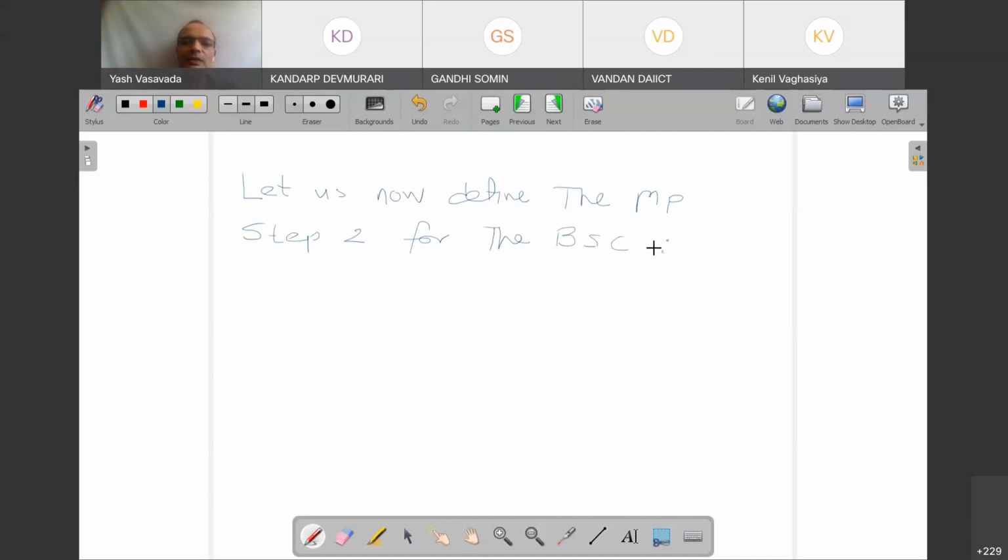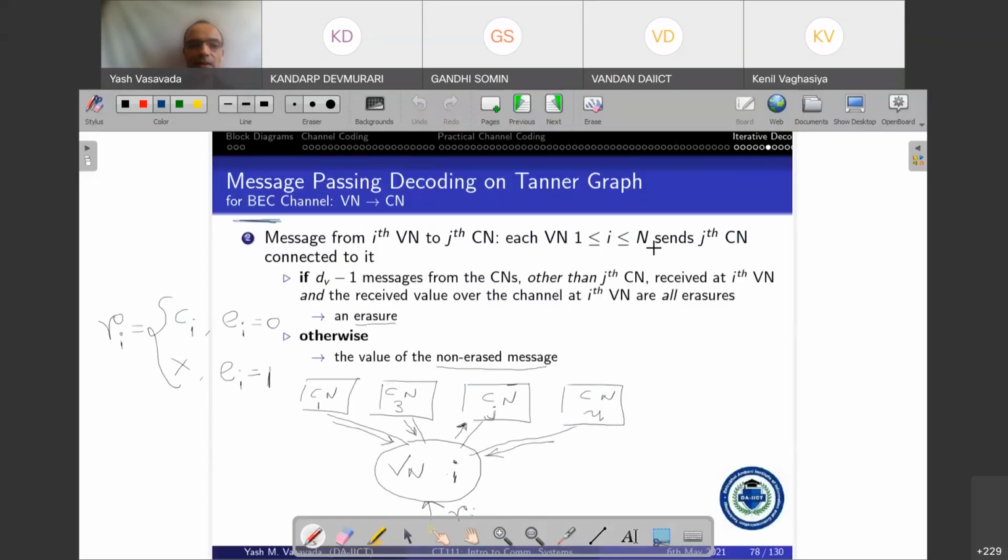The binary symmetric channel doesn't have erasures, right? It has flips, bit flips. So how will this step number 2 change?